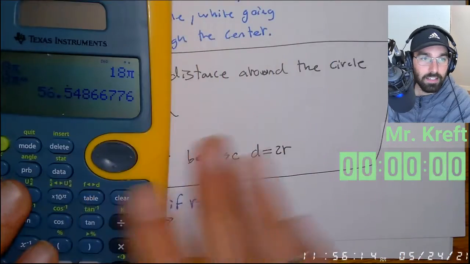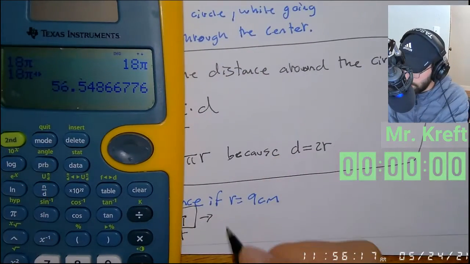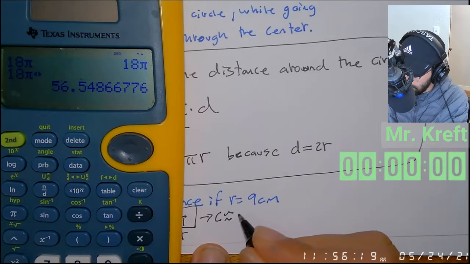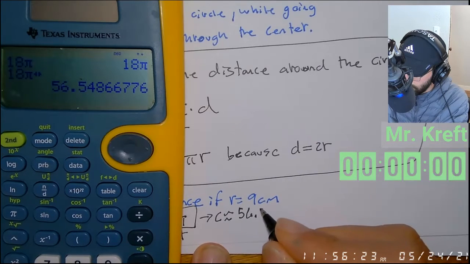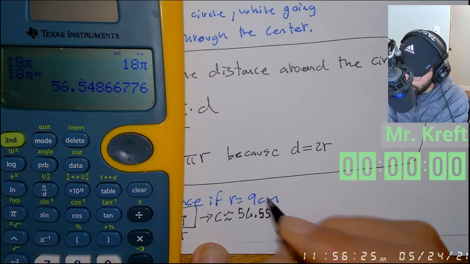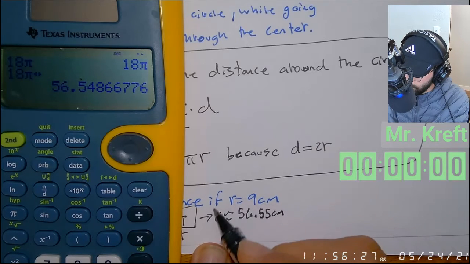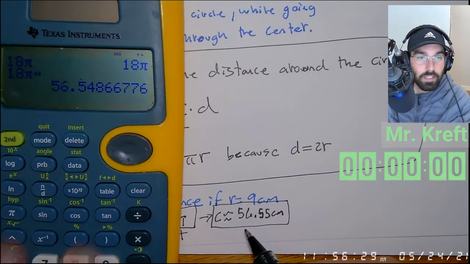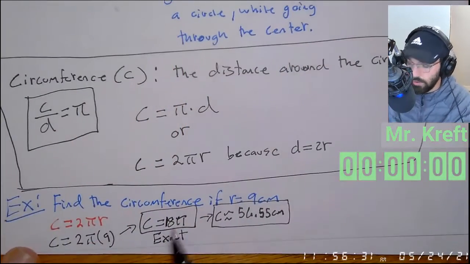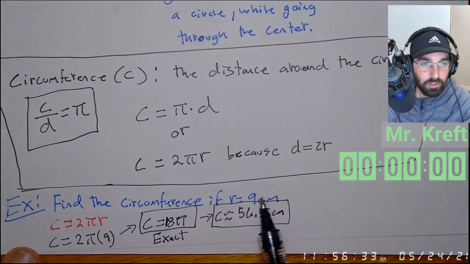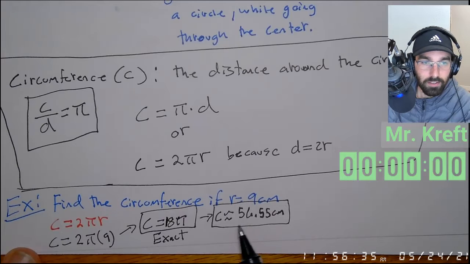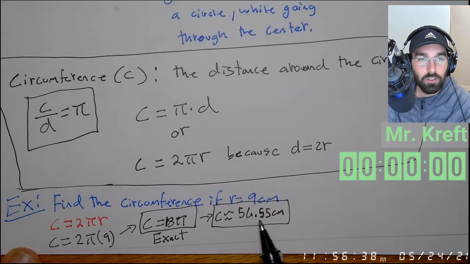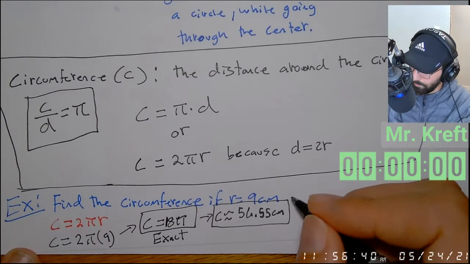And I get my approximate answer. C is approximately 56.55 centimeters. Okay, because it is a distance. Notice how my radius was a distance, my circumference is a distance. So it's 56.55 centimeters.